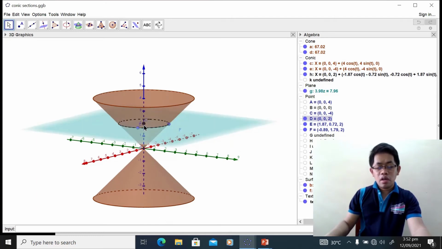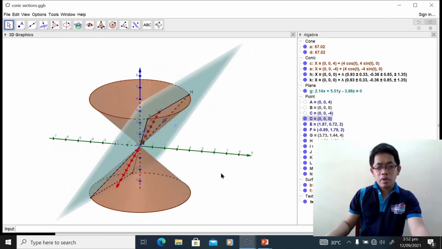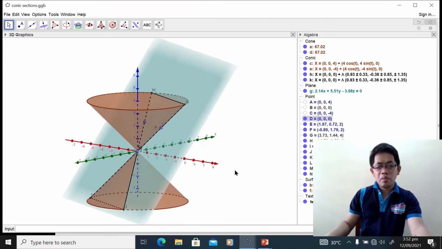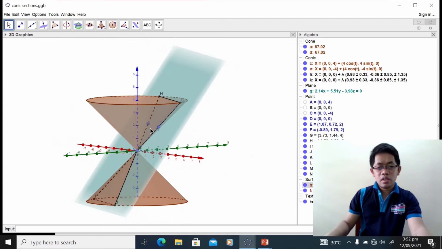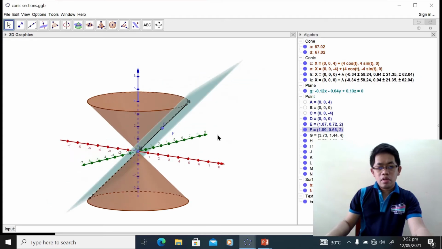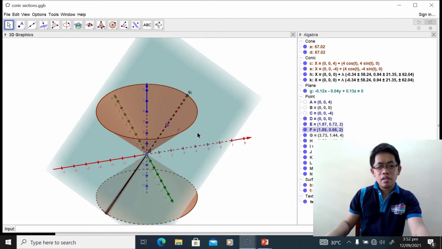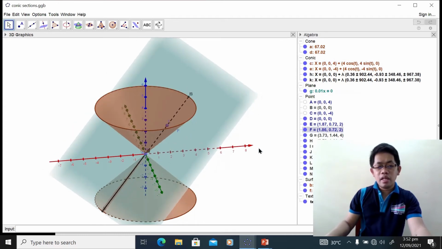If we have this orientation, then we can also come up with intersecting lines. So if we have this one, we can have a line.